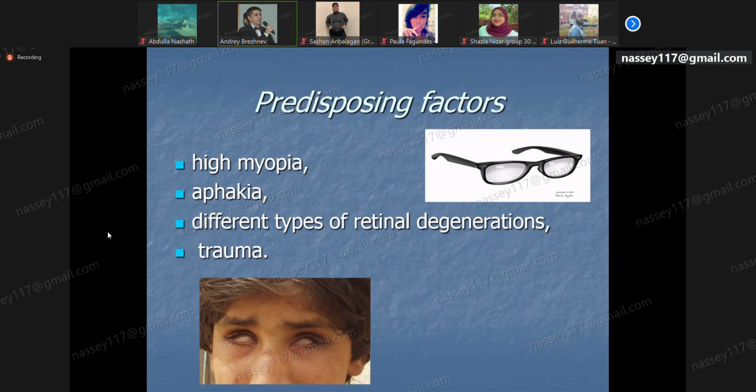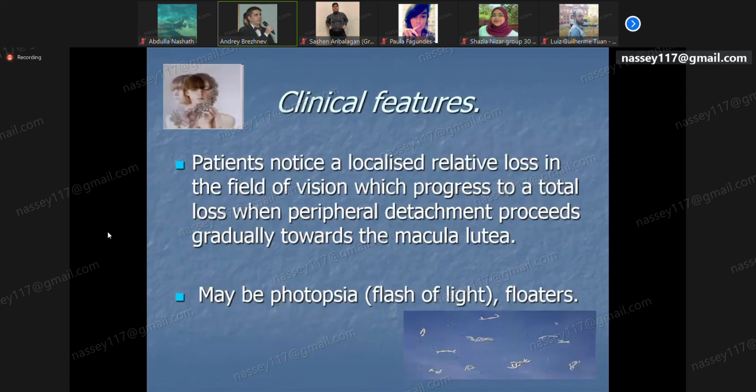Clinical features. Patients notice a localized relative loss in the field of vision, which progresses to a total loss when peripheral detachment proceeds gradually towards the yellow spot.